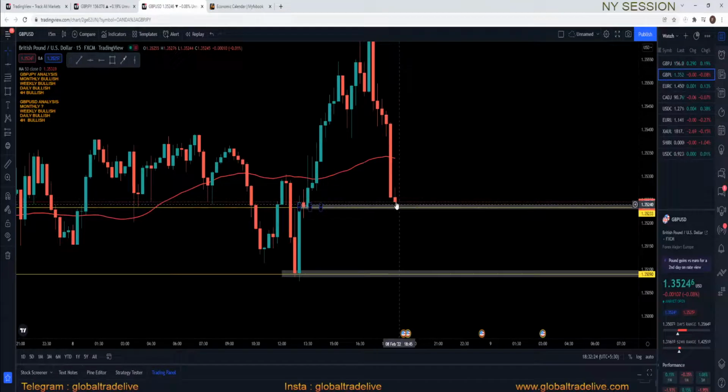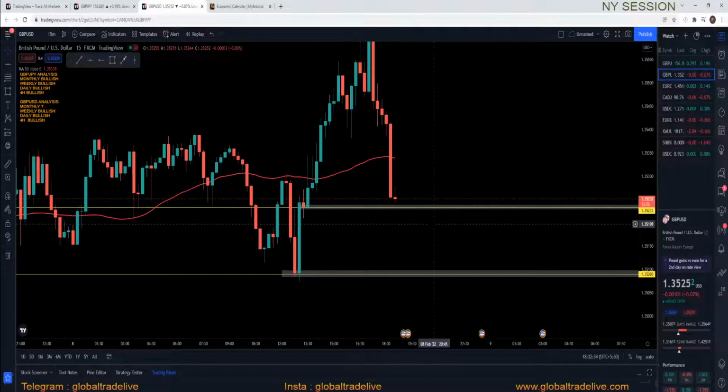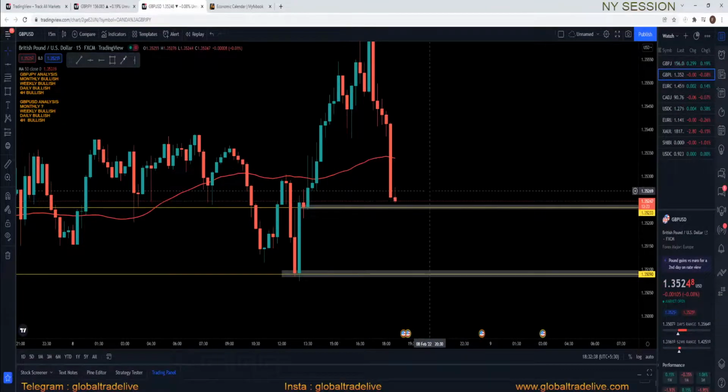So look over here, the previous candle closed with no wick. That means there is a 50-50 chance that the next candle will go down or maybe go up. So yeah, I don't think that I'm gonna trade the current 15-minute candle.